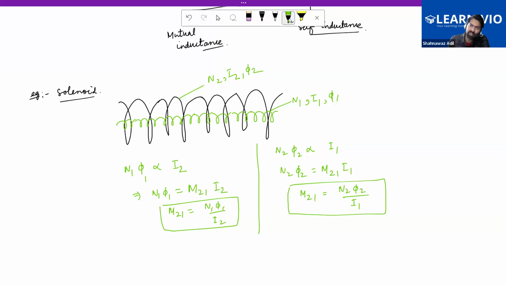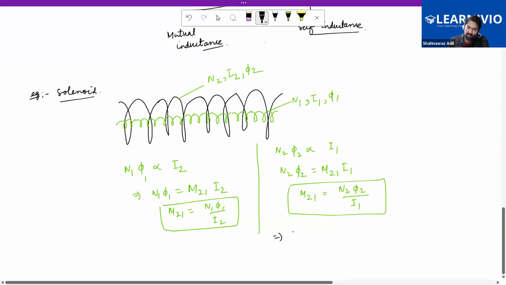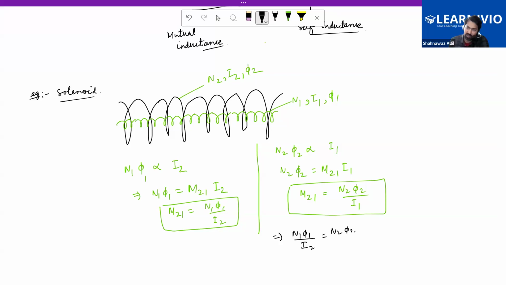We can write this as N1 phi 1 by I2, which is equal to N2 phi 2 by I1, because both are mutual inductance M21.